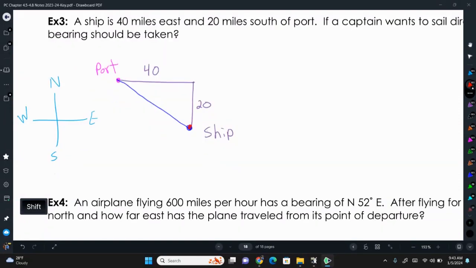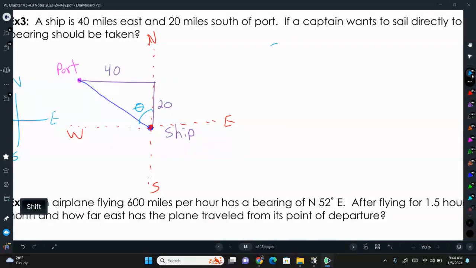So from the ship, this is north, this is east, south, west. So the ship is going to be sailing at some degrees north, west. So we are trying to figure out this angle right here.